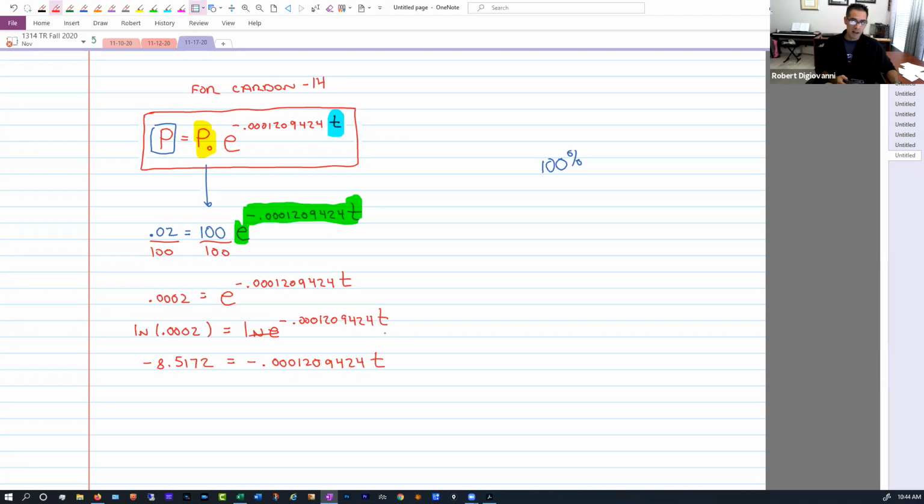Last step, what's the last step? You want to get t by itself. Divide both sides by negative 0.0001209424. So I'm going to do that on my calculator.